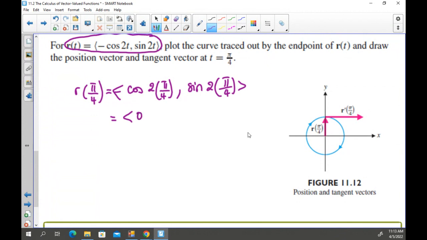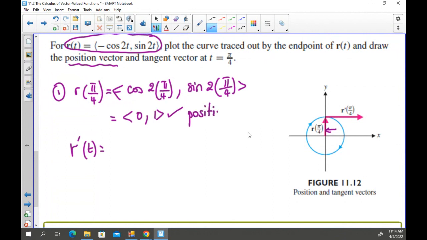Cosine of pi over 2 is 0, and sine is 1, exactly. You can see that here, the vector r of pi over 4 is (0, 1). So it goes 1 along the y-axis. Now, draw the position vector. This is the position vector.